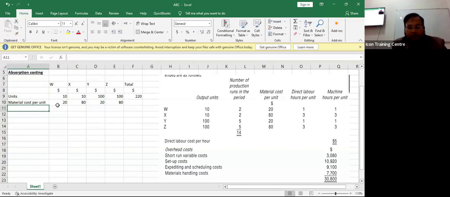Then we have direct labor hours. How many hours we need to work? 1, 3, 1, 3, right, sir? And then we have machine hours. So we have the same data.